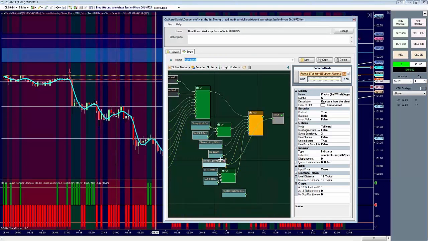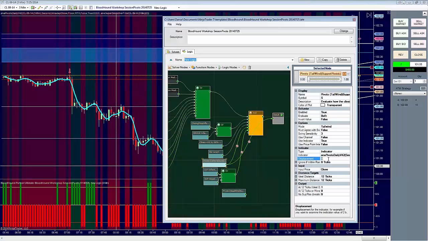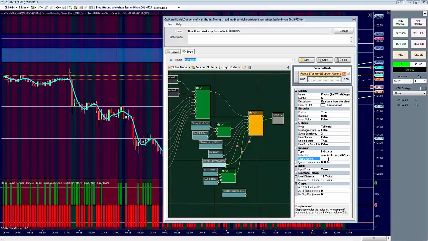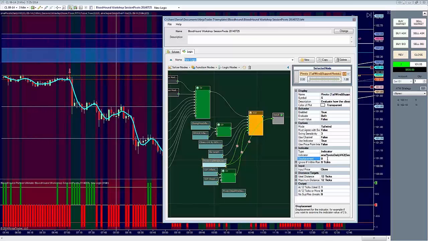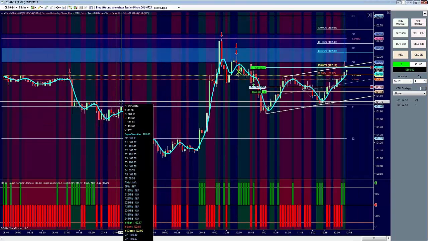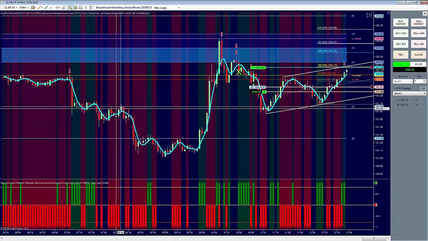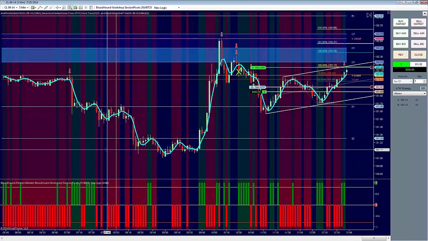I wonder if I could displace it by a bar. No. No, because the previous bar is actually the close is equal to S1. You see that? So the close right there is 101.66. And then, yeah, S1 is 66. So it's equal to, so it's not allowing that.